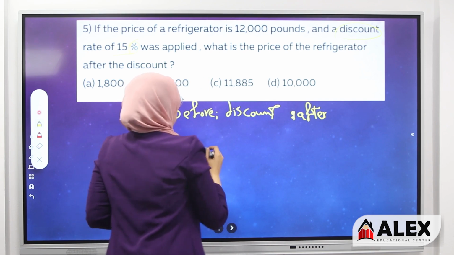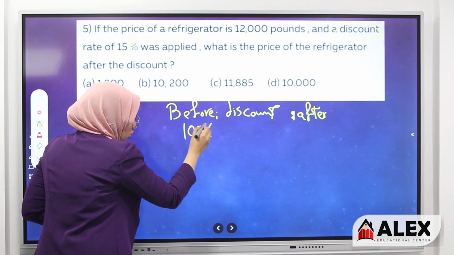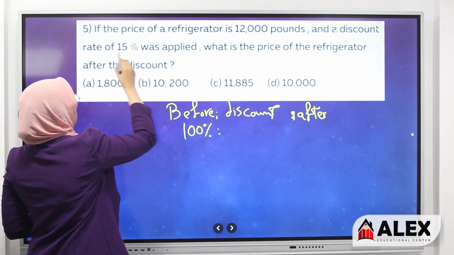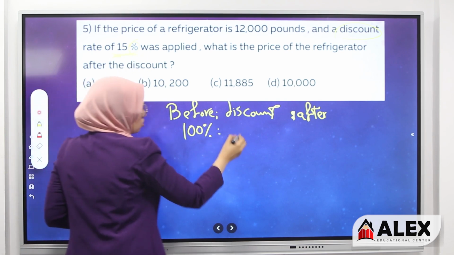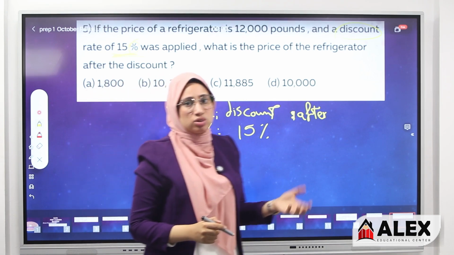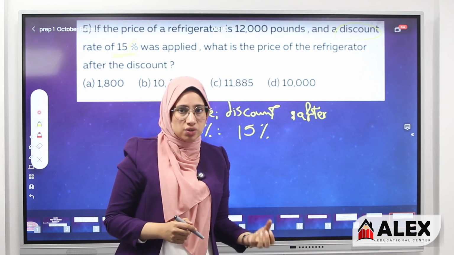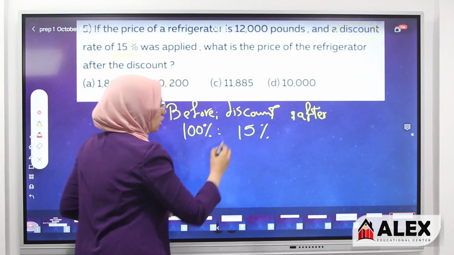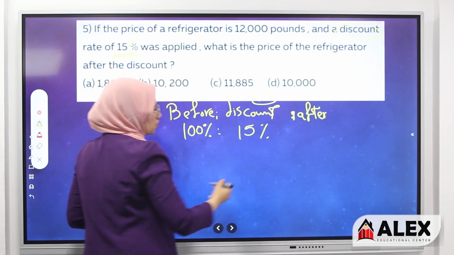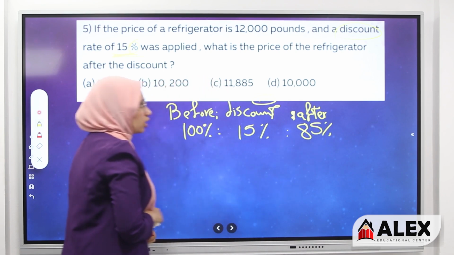Before is always 100 percent, and here they told me 15%. Then after the discount, the value of this price will be decreased. So we make a negative, or we make minus: 100 minus 15 equals 85%.